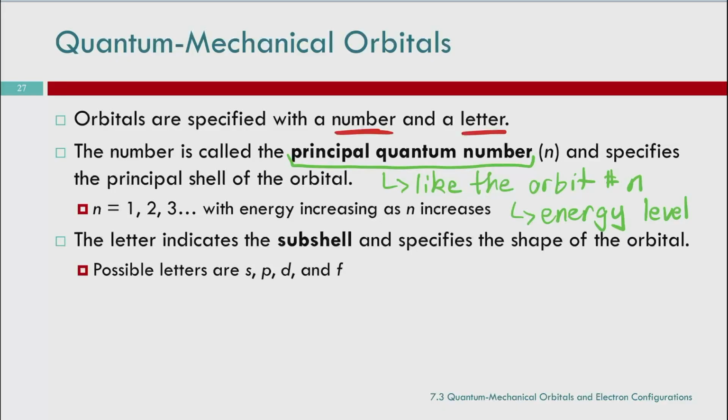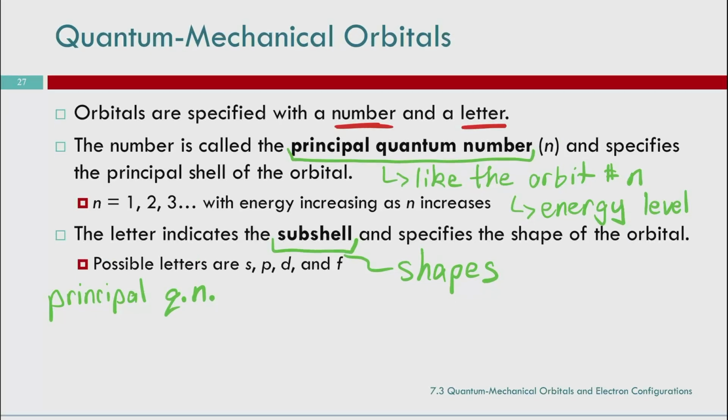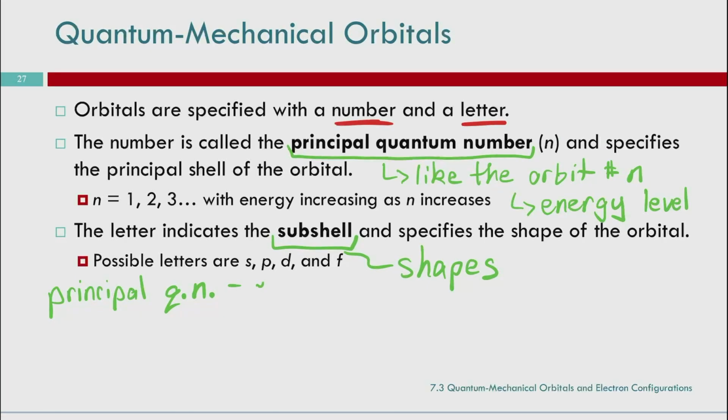And then within those energy levels, if we're thinking about the orbits, within those energy levels, we have different subshells. Subshells are the shapes. So we've got our principal quantum number. I'm going to abbreviate quantum number as Qn. That's our energy levels.